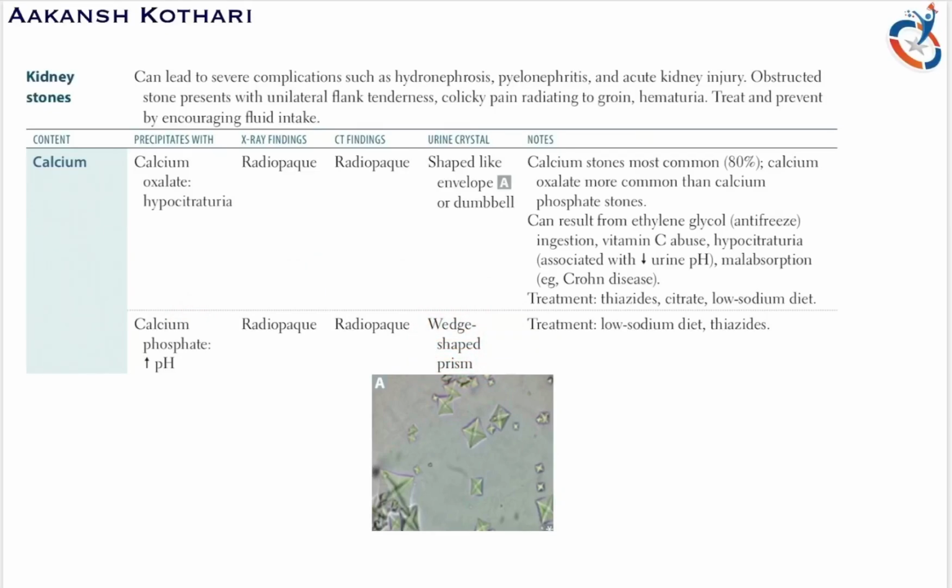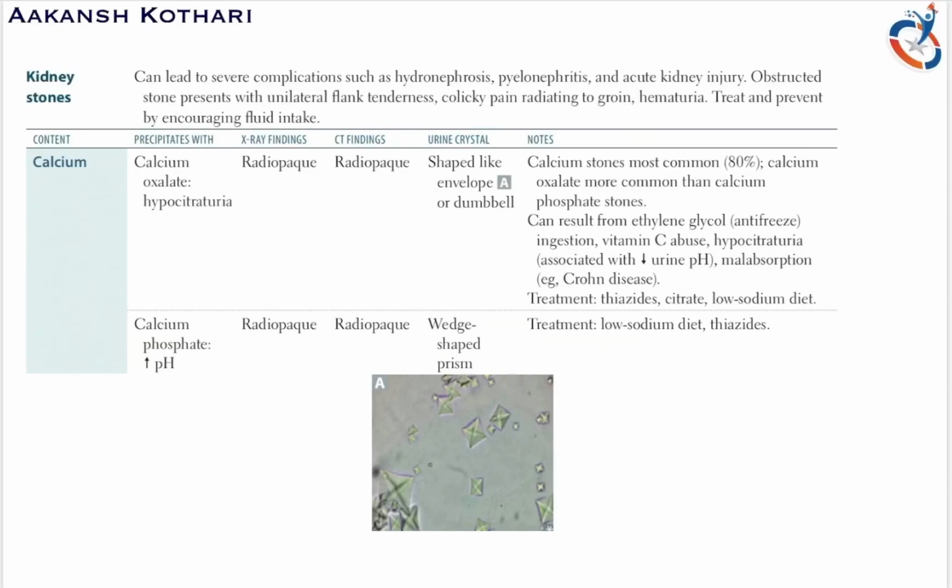Now, calcium oxalate stones are a result of ingestion of ethylene glycol, vitamin C abuse or hypocitraturia. This is usually associated with a decrease in the urine pH. That means the pH in the urine is less, whereas in calcium phosphate stones there is an increase in the pH.